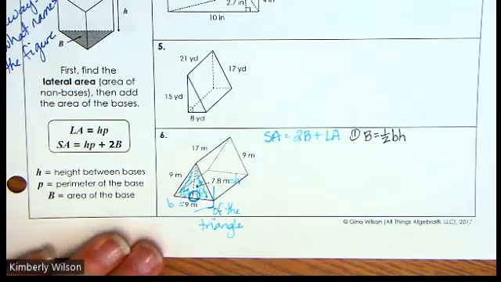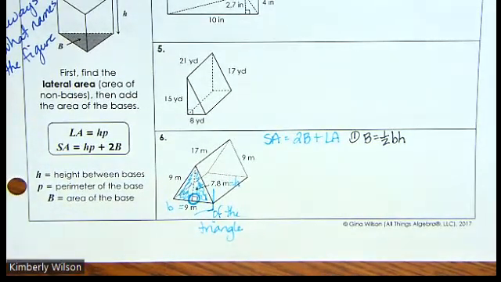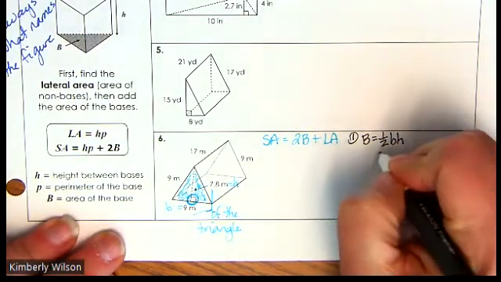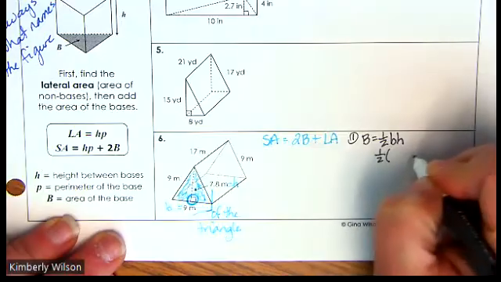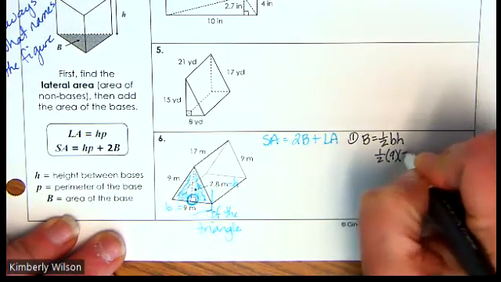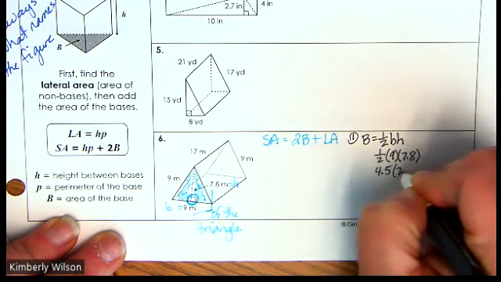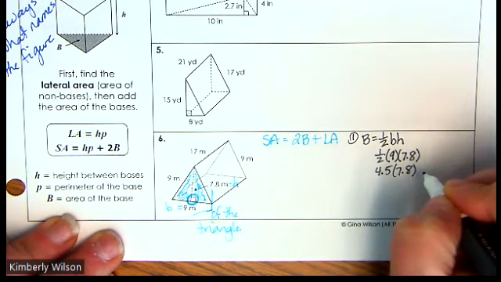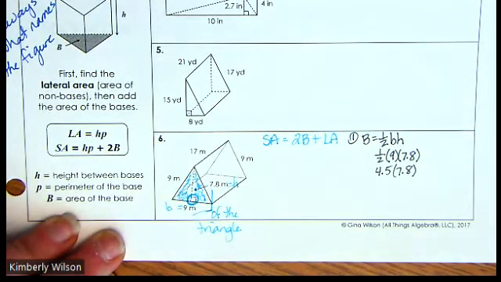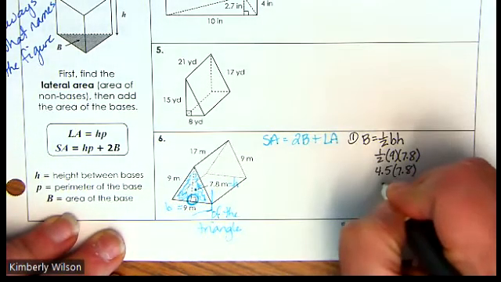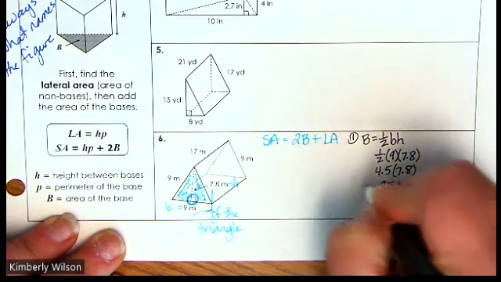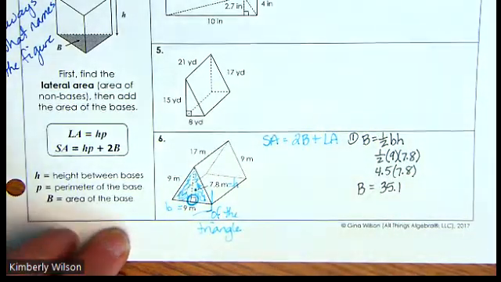All right, so now we plug and chug that information to find what B is, the area of the base. So I'm going to have 1/2 times 9 times 7.8. So that's going to give me 4.5 times 7.8, which gives me 35.1. So the capital B equals 35.1.